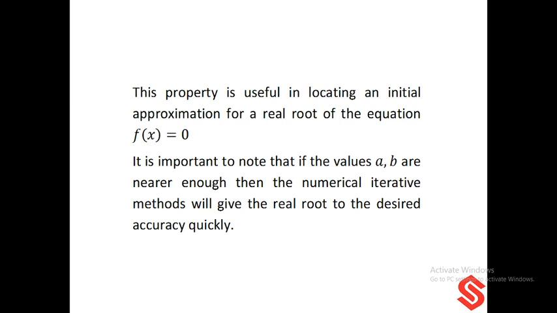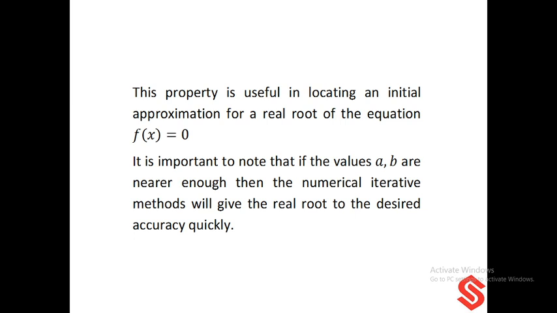For example, if 2 comma 3 be the interval in which a root lies for the given equation, either algebraic or transcendental, say if you get f of 2 negative and f of 3 positive, so you can say root lies in the interval 2 comma 3.